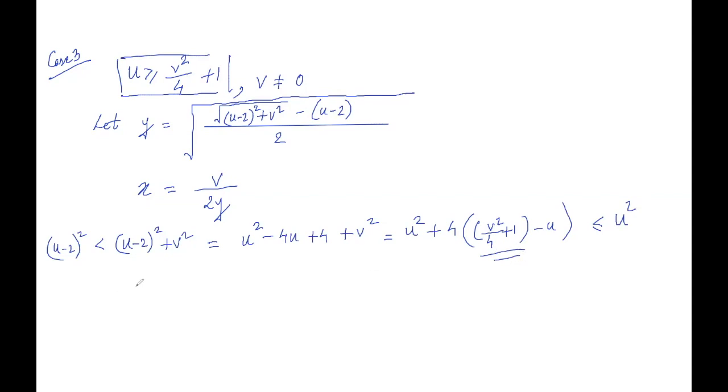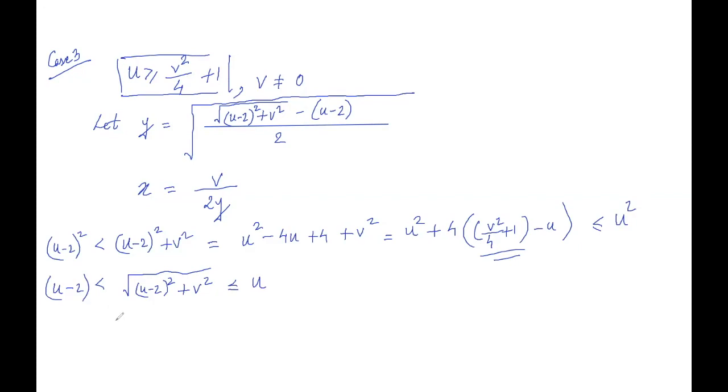Okay, so now what we can say is that root of u minus 2 whole square plus v square is less than or equal to u, and is strictly greater than u minus 2.